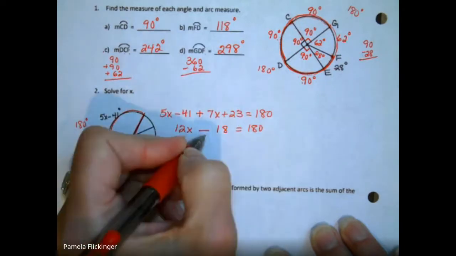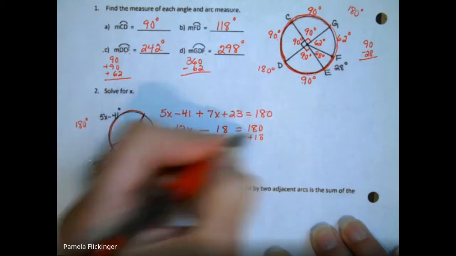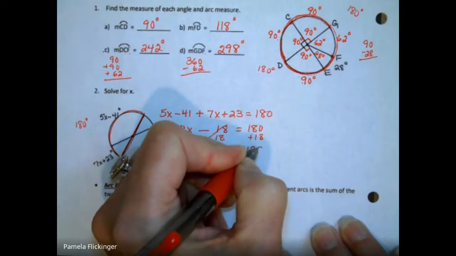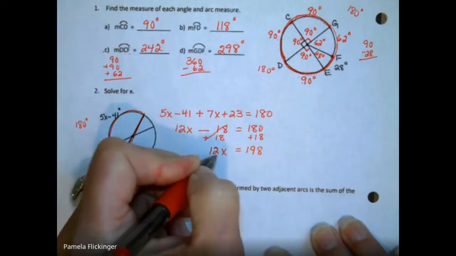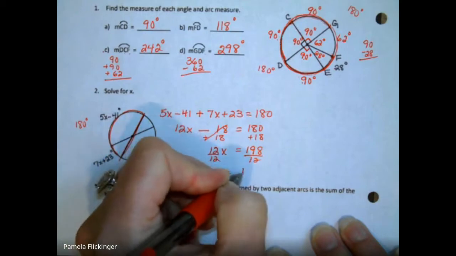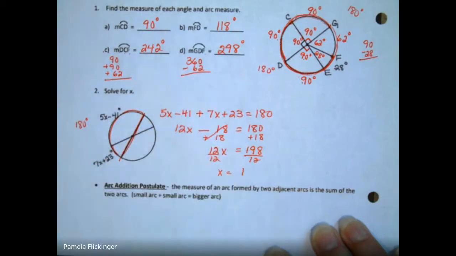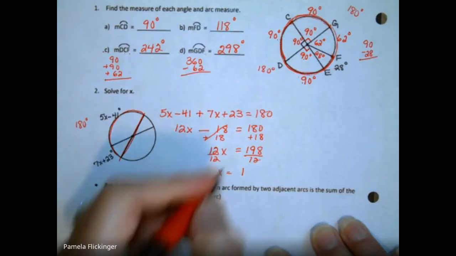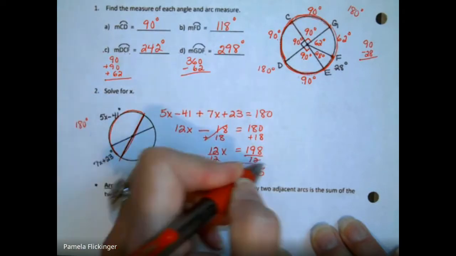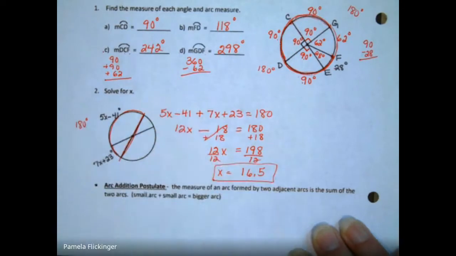And then I'll add the 18 over. 12x is 198, and then divide by 12. That's 16.5, and it just wants us to solve for x, so I am done.